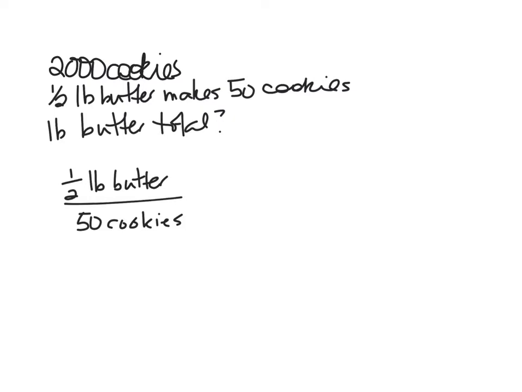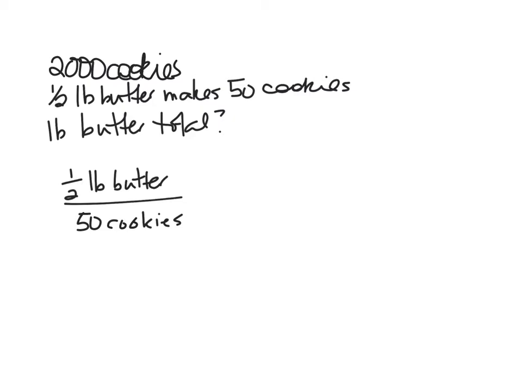So when you use dimensional analysis, you use these ratios. This is a ratio right here. Shows the relationship between butter and cookies. And we use multiplication. So the only math that we use when we set up our ratios is multiplication. And then when we actually do the math, we do multiplication and division.